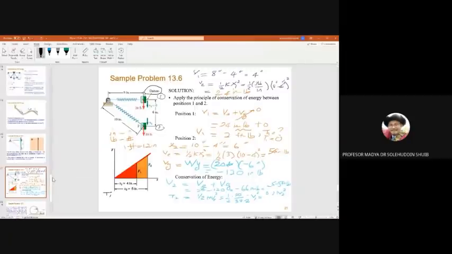T1 plus V1 equal to T2 plus V2, right? So you just plug in what you have obtained earlier.